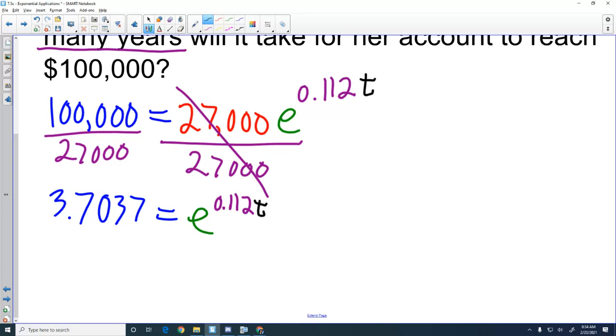Yeah, e. Since it's e raised to a power, e is your base. And log base e, we got a button for that. So we just use the natural log for this one. That works. Yep, the change of base. It's the exact same calculation. Remember that log base e is the natural log.